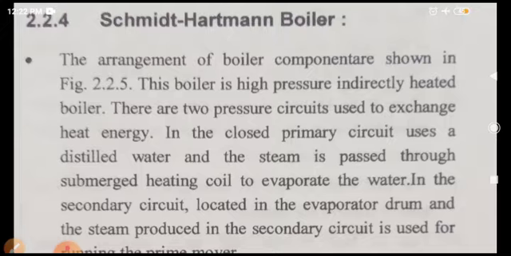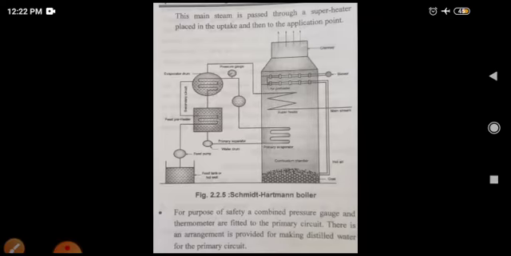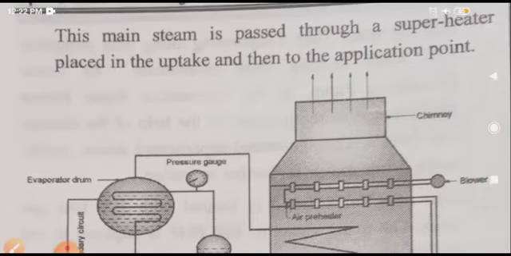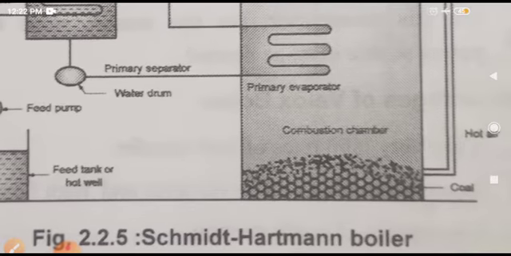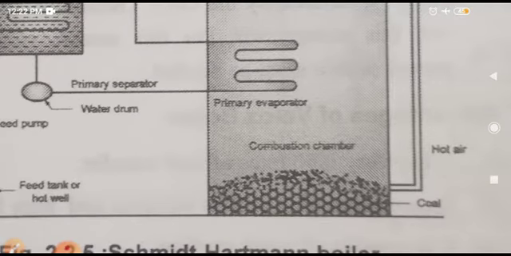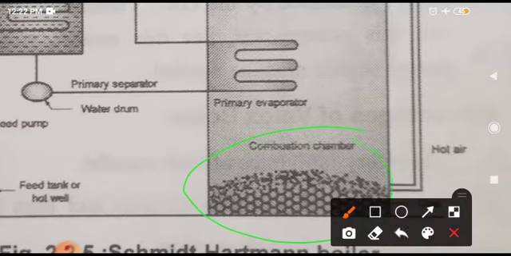The first one is the Schmidt-Hartmann boiler. The arrangement of that particular boiler is shown here. You can see the combustion chamber on the screen. Hot gases are brought from here, so that for maximum utilization of the fuel, or to reduce wastage of fuel, we heat the air and recover the energy from the hot flue gases.